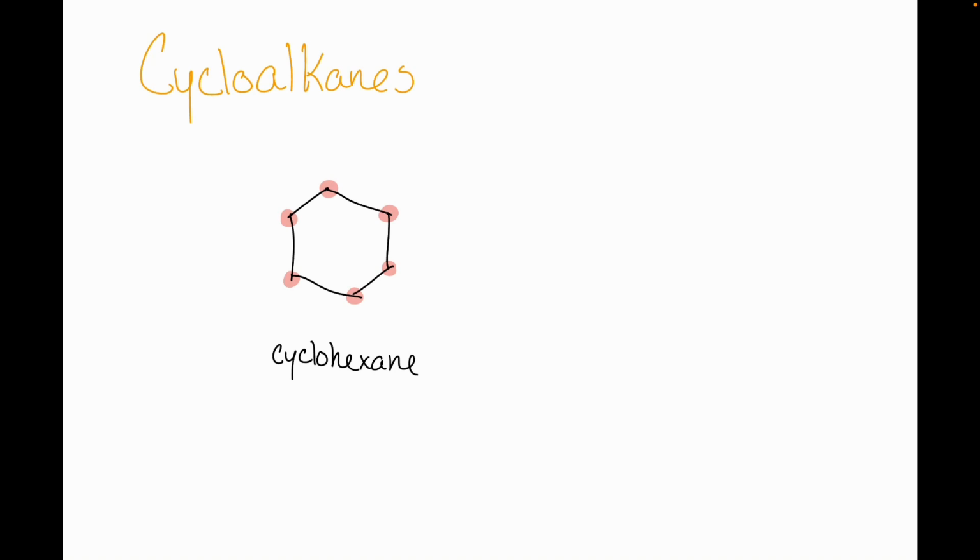All right, so what do we think about the square? Cyclobutane, right? So just using those same prefixes that we use to denote number of carbons, the square has 1, 2, 3, 4 carbons, so this would be cyclobutane.